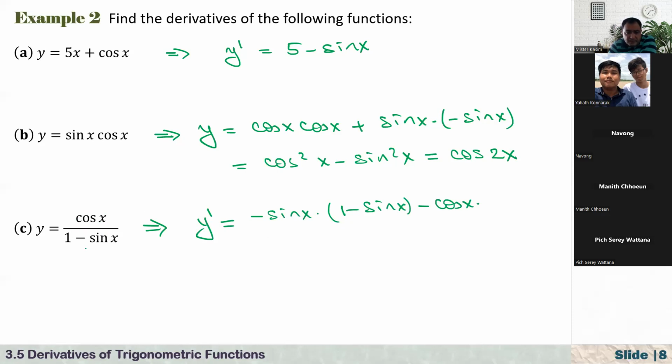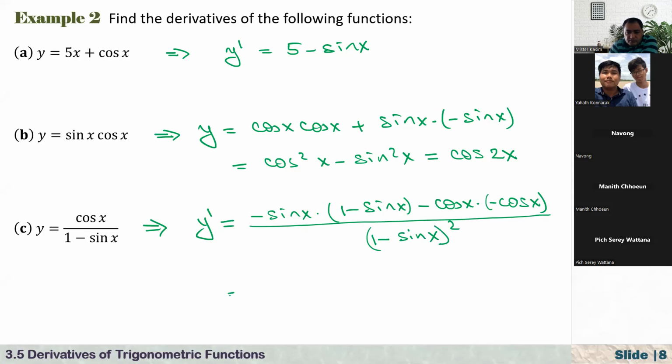Derivative of 1 is 0, and the minus just adds a coefficient, and the derivative of sine of x is cosine of x. So that is minus cosine of x, over, in the denominator, 1 minus sine of x squared.